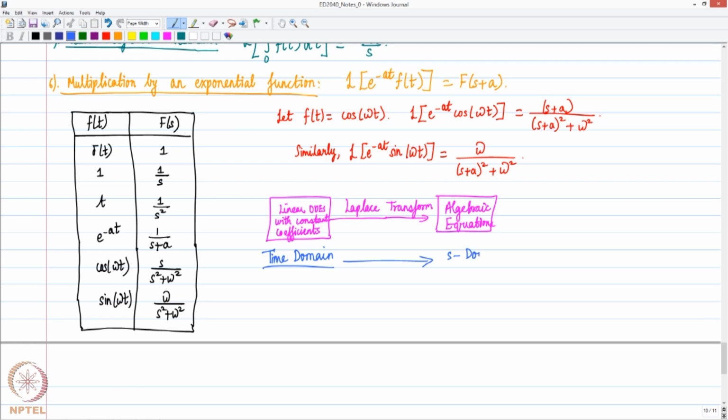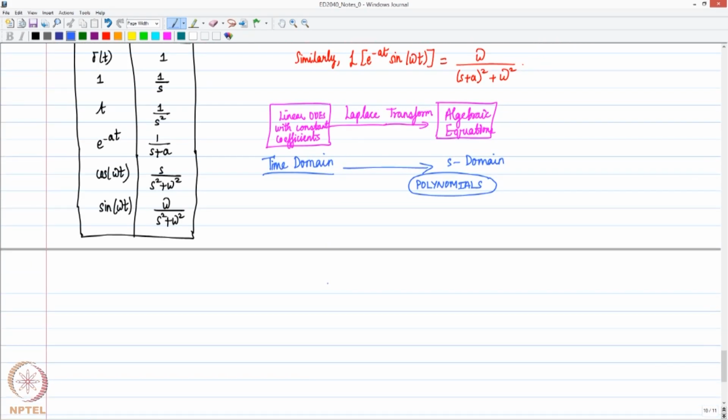So when we apply the Laplace transform, we convert the problem into a problem in the complex domain, right. And so here we will shortly see that we need to have a basic understanding of polynomials to work with the algebraic equations that we get in the S domain, right. So that is also something which we will look at as we go along.